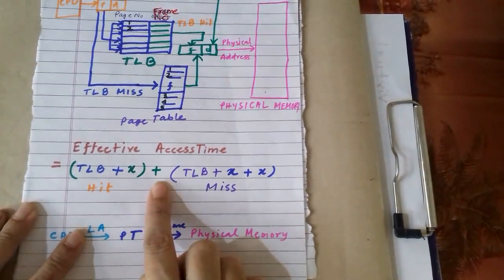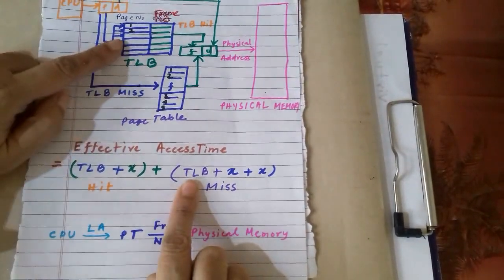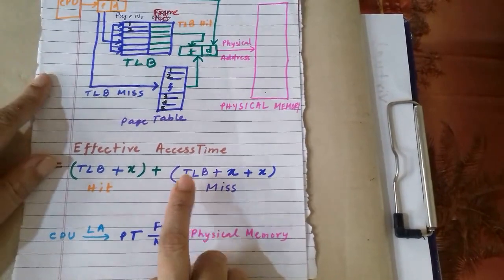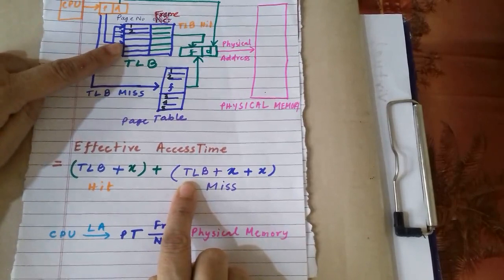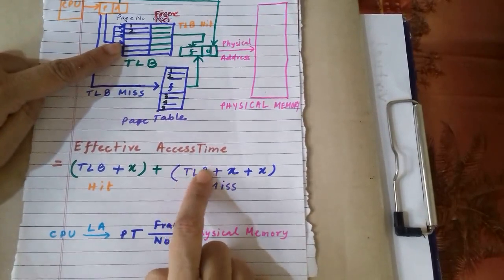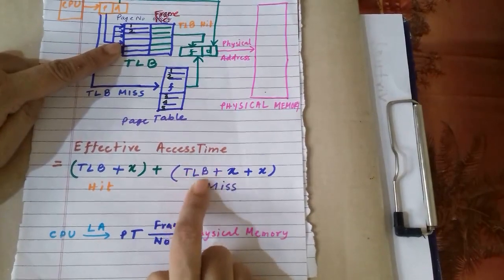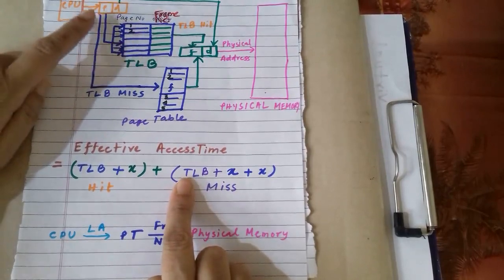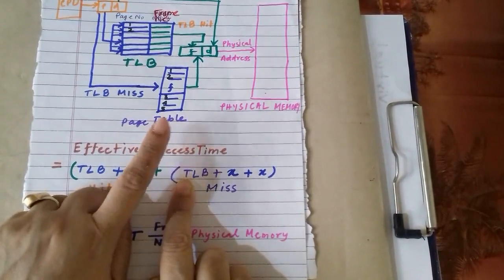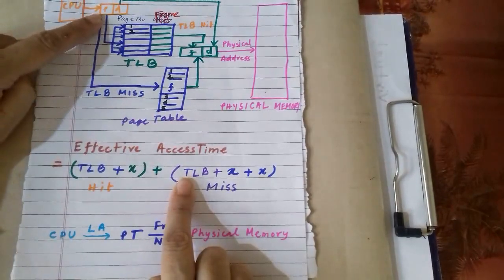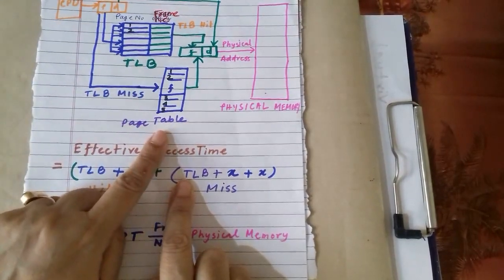If it is the case of a miss, what will happen? The TLB should be searched, but that particular page number is not present in the TLB because it is a TLB miss. But the TLB has to be searched, so the search time for the TLB has to be given. As it is a TLB miss, next the page number coming from the CPU should be searched in the page table.